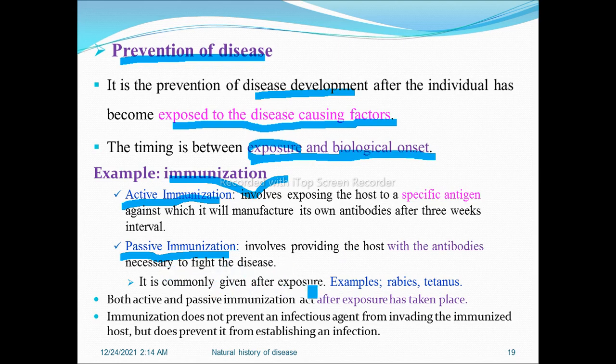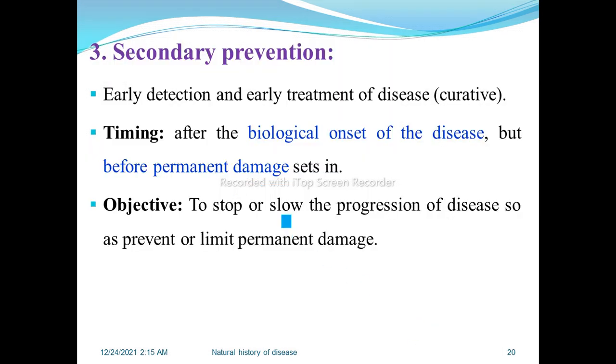It is commonly given after exposure. Both active and passive immunization act after exposure has taken place. Immunization does not prevent an infectious agent from invading the immunized host, but does prevent it from establishing an infection. So this is all about primary prevention.